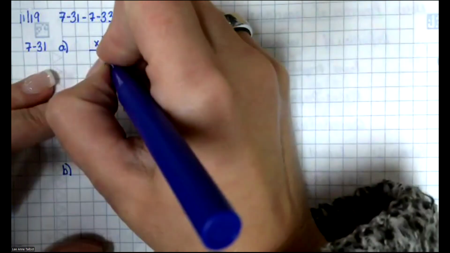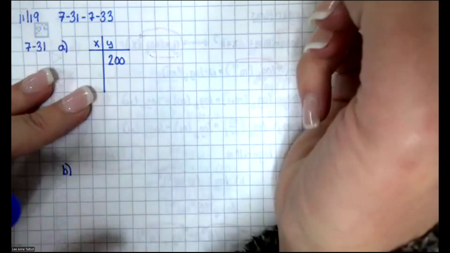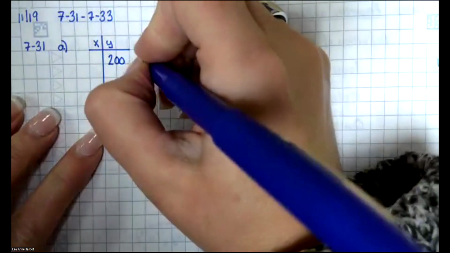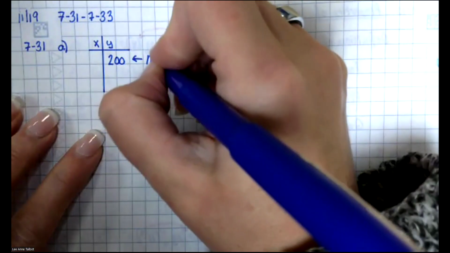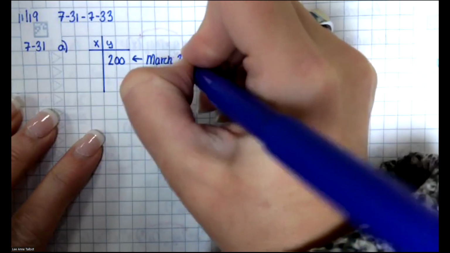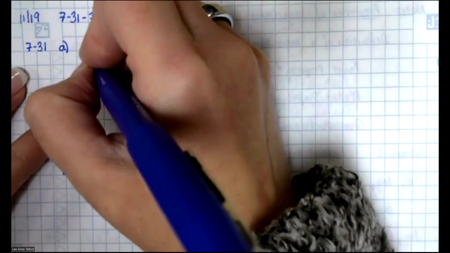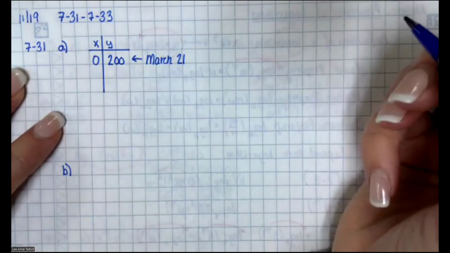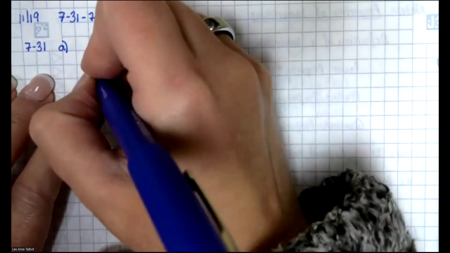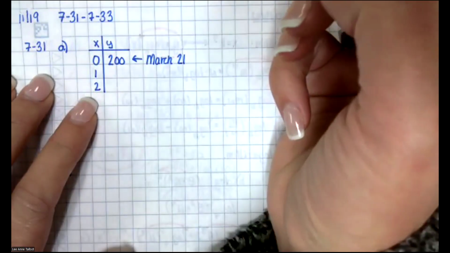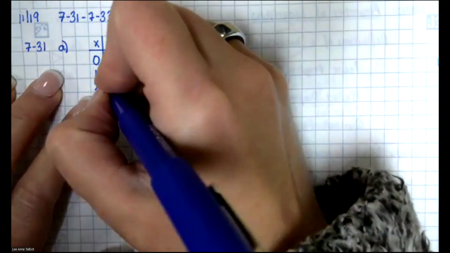So we know her level was 200 on March 21st. I don't want to put March 21 as my x. That's a very awkward x. So my suggestion is to call that day 0, the start. And then 2 days later, 392.